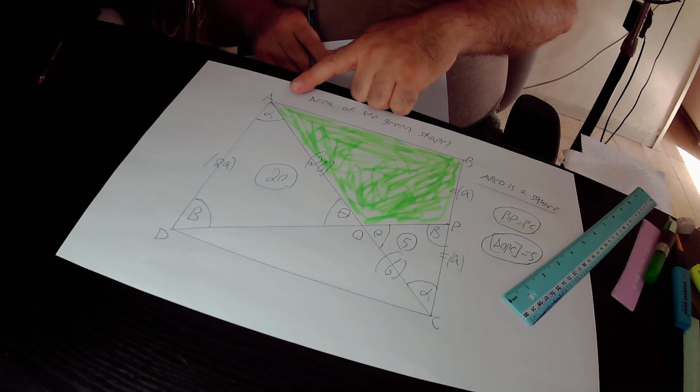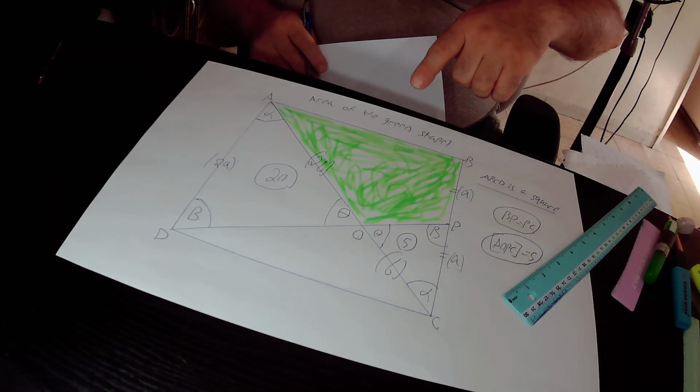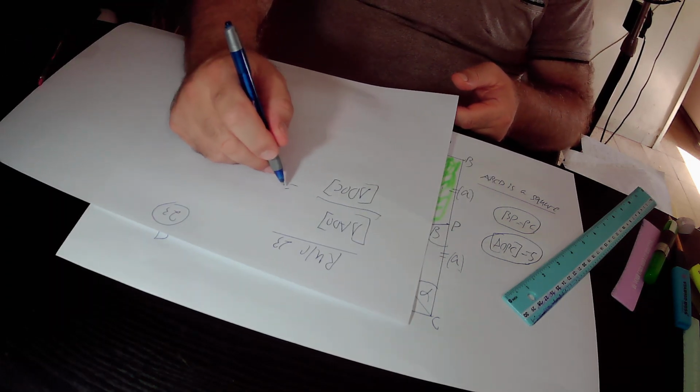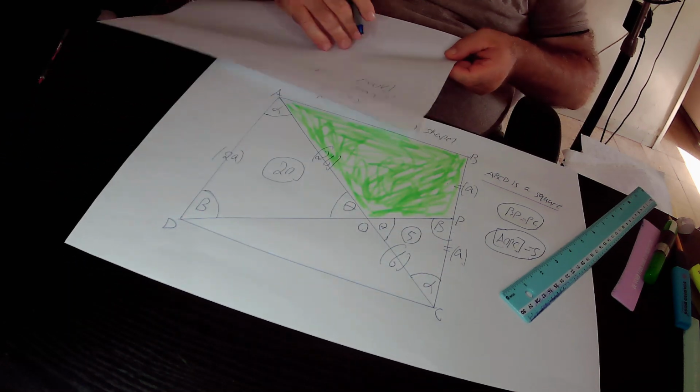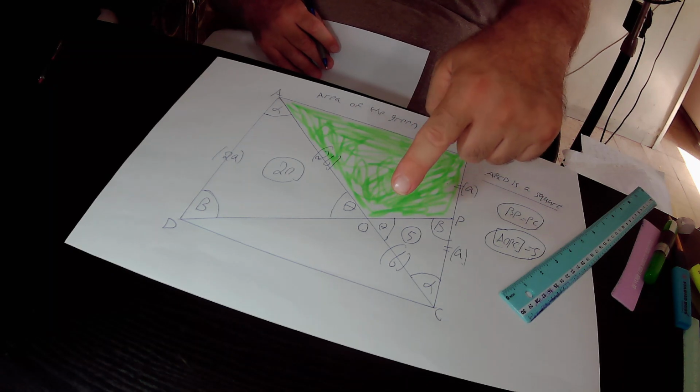The base of triangle AOD is AO, so it is AO over OC. OC is the base of this small triangle OCD.